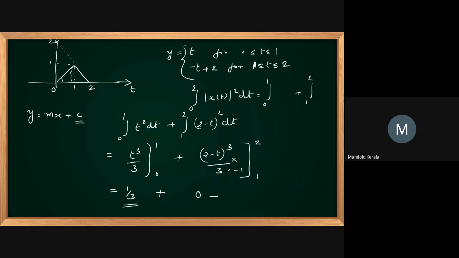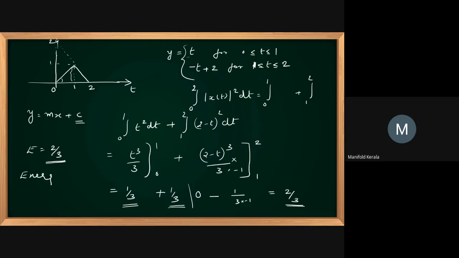So 0 minus, if I put 1, 2 minus 1 is 1, 1 cubed divided by 3 and a negative here, so 1 by 3 into minus 1. Negative into negative is plus, so the answer will again be 1 by 3. You can see both parts have the same energy and the total energy is 2 by 3.